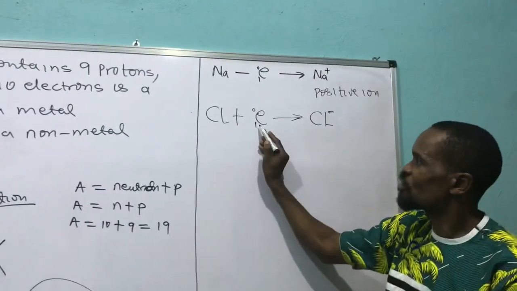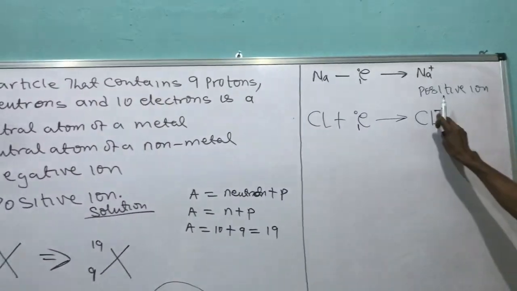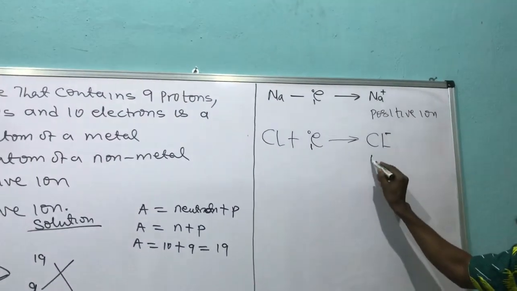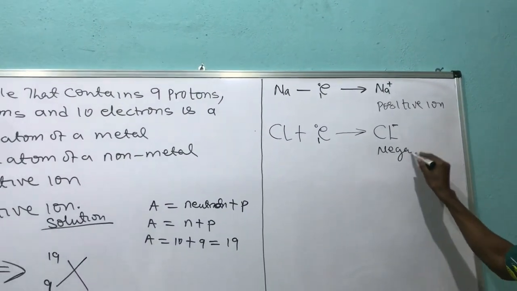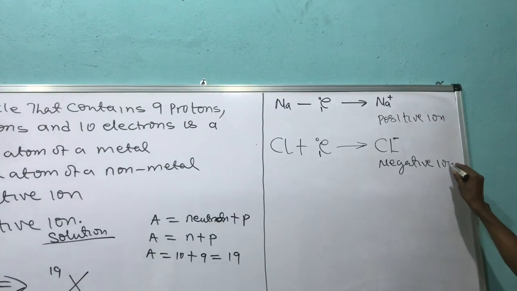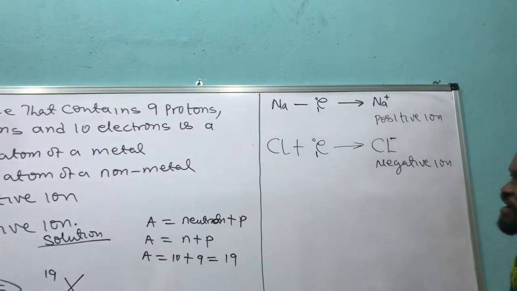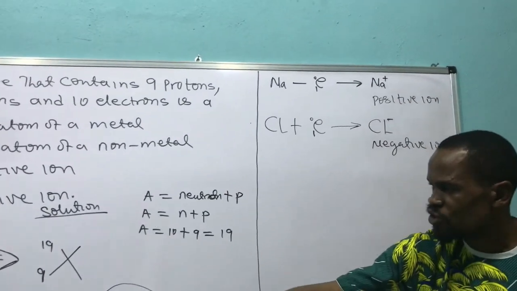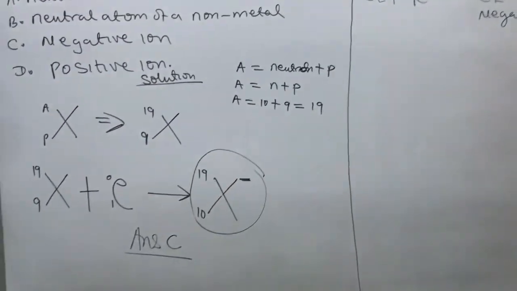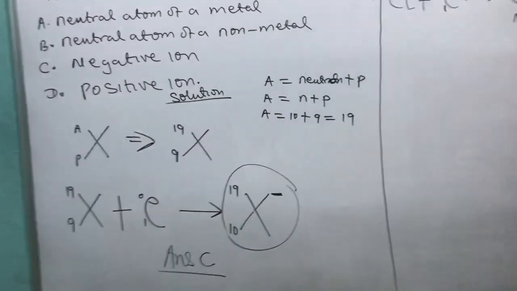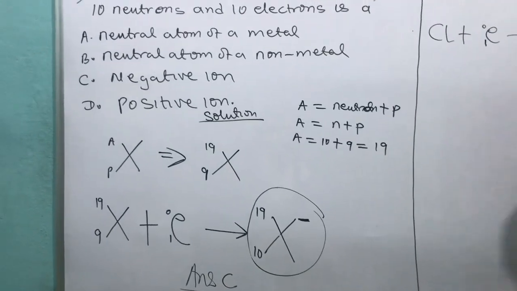Then excess electron comes in by getting an electron. It has an electron in excess, and we call this a negative ion. Have you seen the positive ion and negative ion? So for this element to have a different charge, it means that it gained an electron.